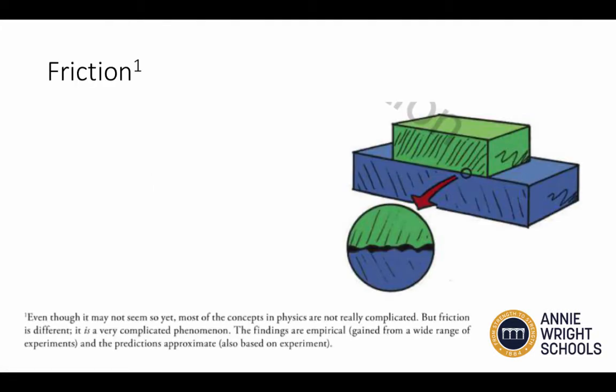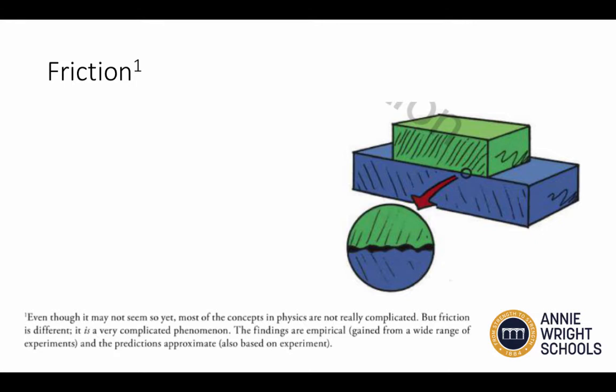A conversation we've had before, but worth having again, is to talk about friction. I copied this image from the book, which is why you see some copyright stuff here. If we were to zoom in at a microscopic level between these two blocks, we would see some rough surfaces, and those rough surfaces are the reason that we have friction.